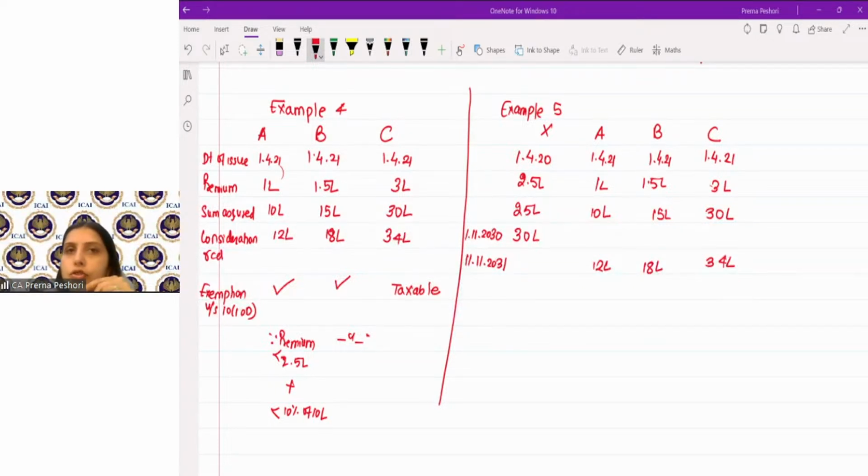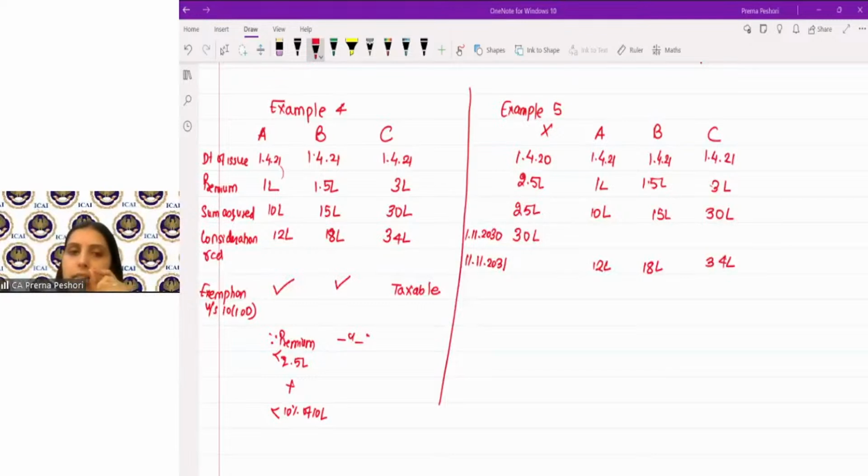Here, the consideration received is in different years. For X, it's received in a different year, and for A, B, C, it's received in a different year. Also, keep a note that this 2,50,000 limit is applicable from 1st February 21.